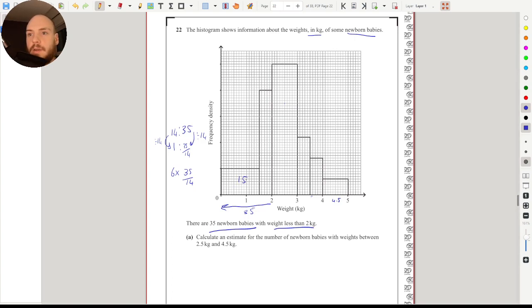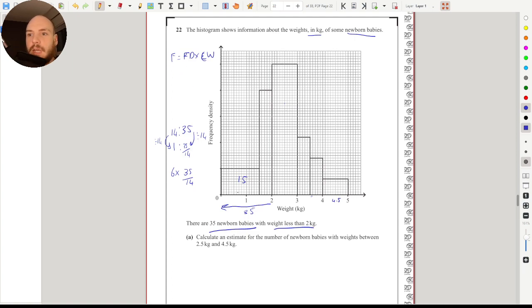So this block here represents 15, and if you didn't know, frequency is equal to frequency density multiplied by the class width, not the width, the class width.